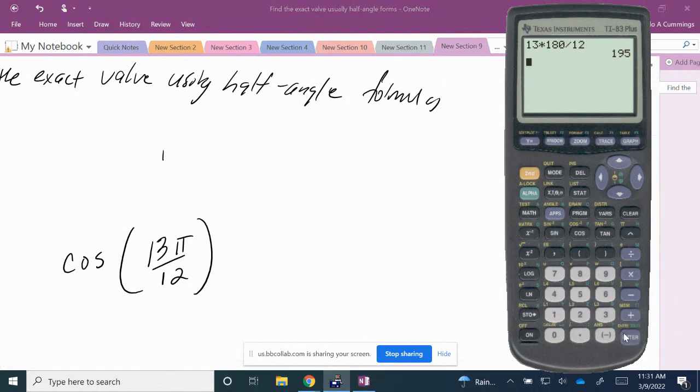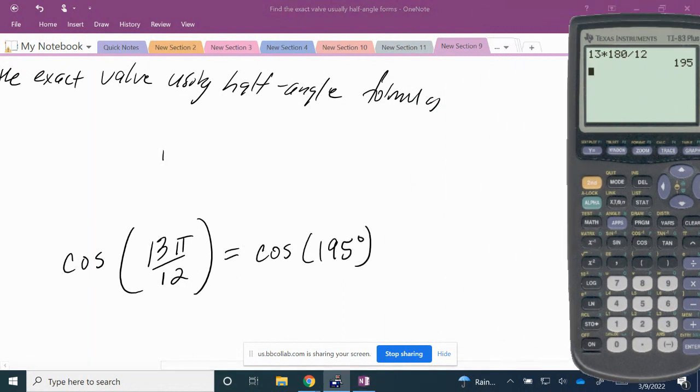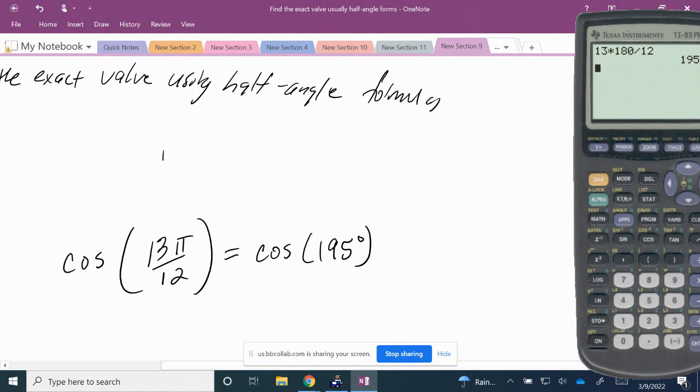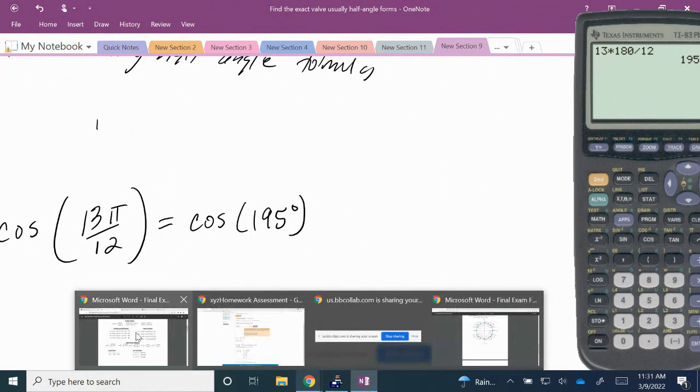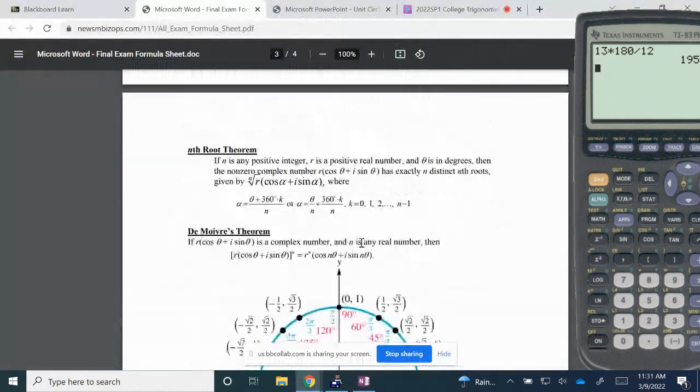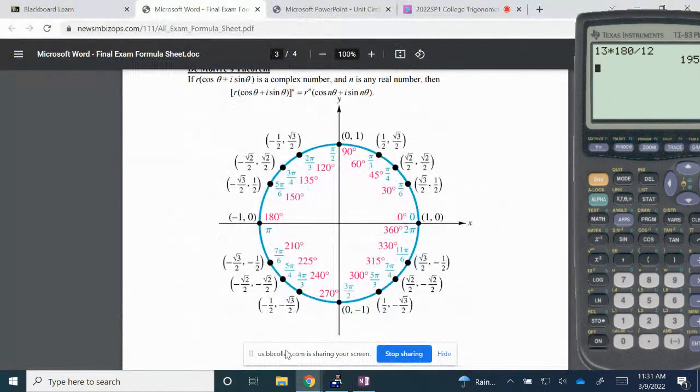Right, and that gives me 195 degrees. All right, and I'm asked to use a half angle formula. Now, if I look in the unit circle, I see that there is not a 195-degree angle, right? So here's the trick I'm going to play on this.